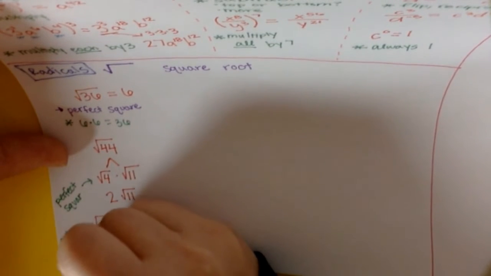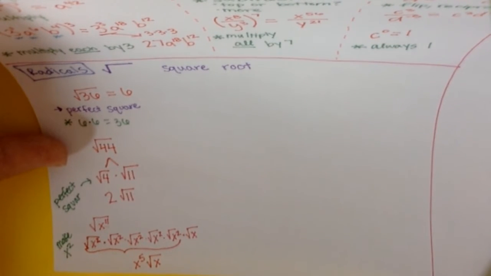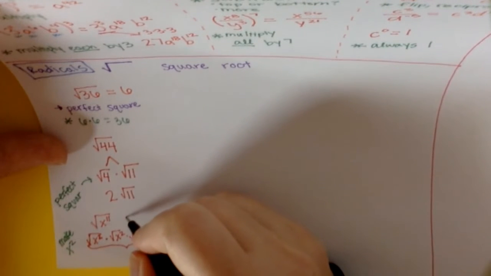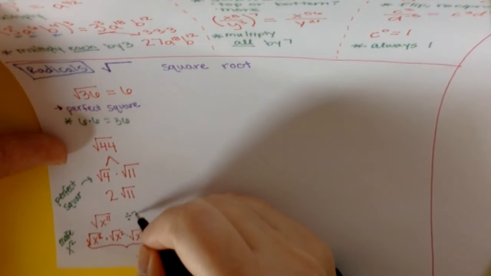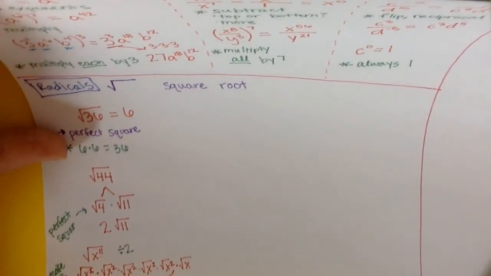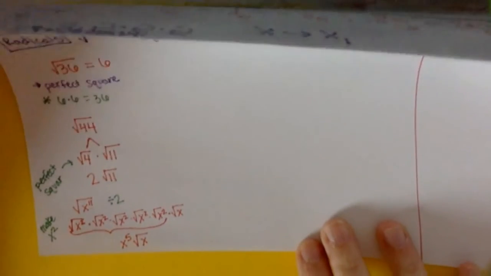And what I mean by that word like is they have to be the same. Square root of 13, if I want to add something to that, it has to have that same square root. So 9 square root 13.